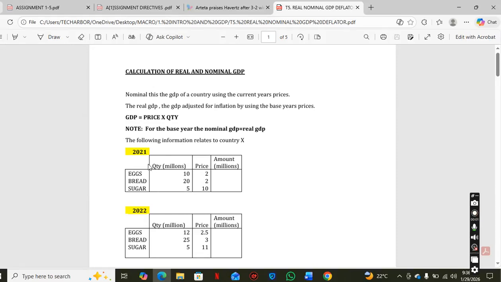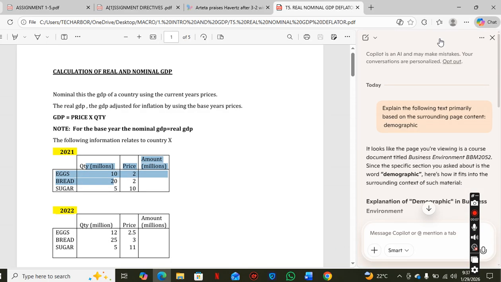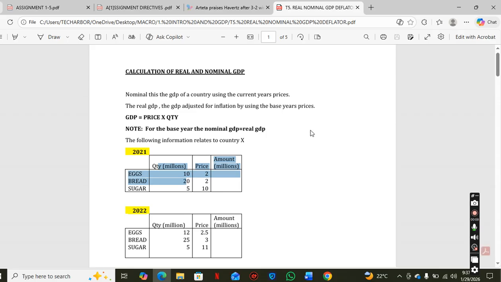X produces 3 goods. All right, we have the quantities and the prices. Okay, so we need to tabulate first the nominal GDP, and then afterwards we're going to calculate the real GDP. The nominal GDP is the GDP which doesn't account for inflation.